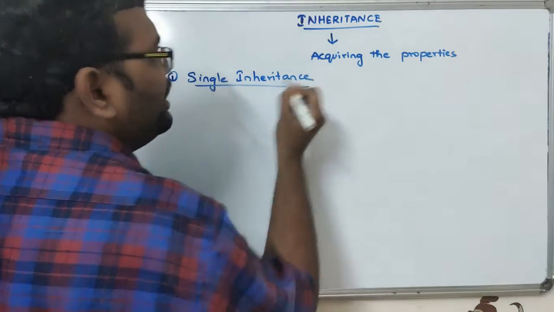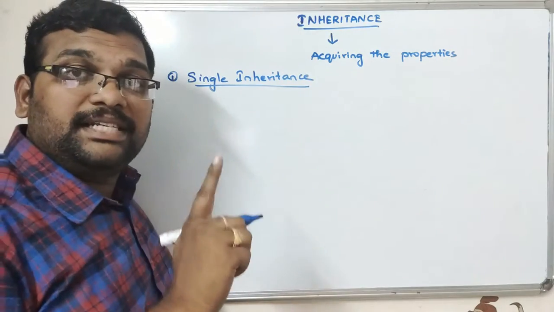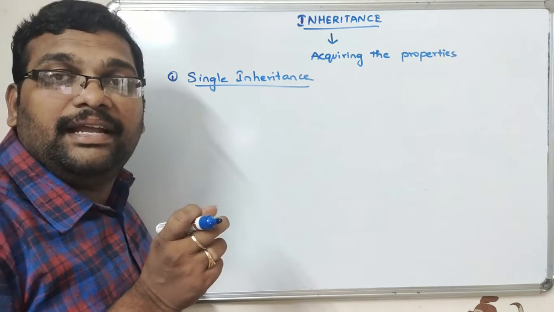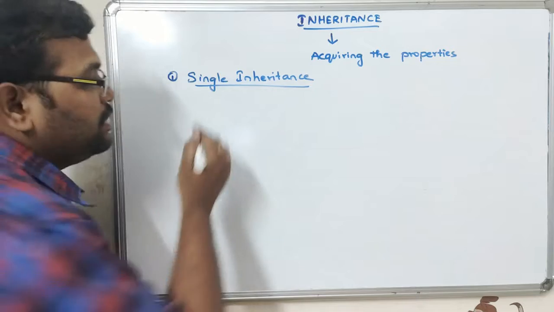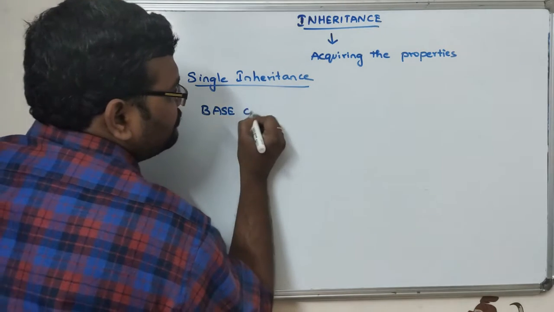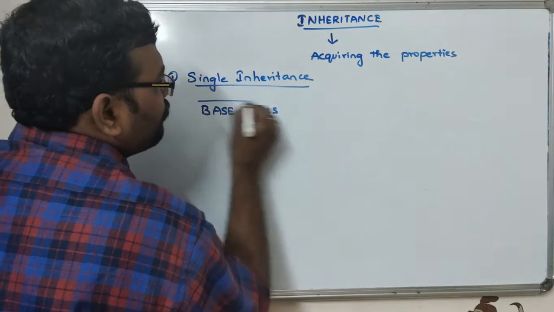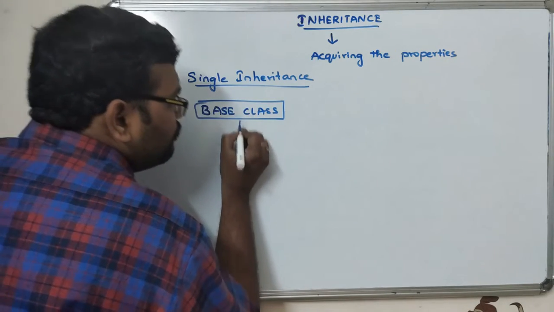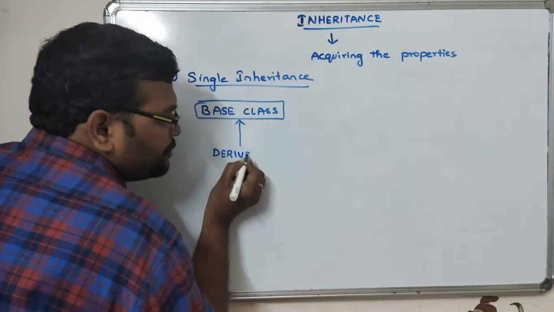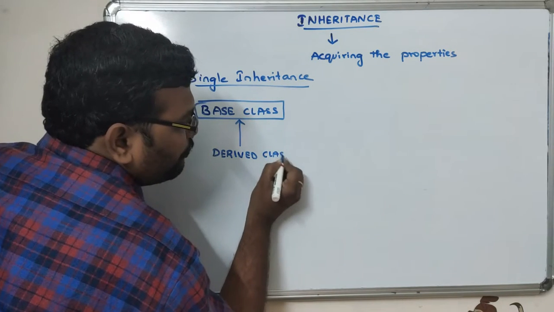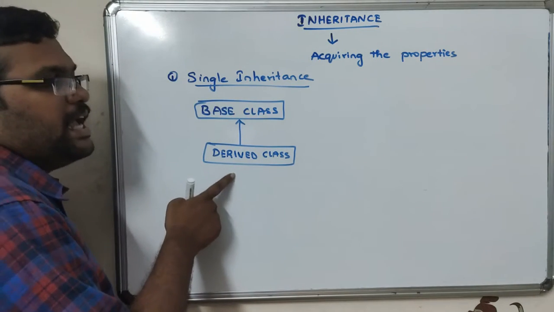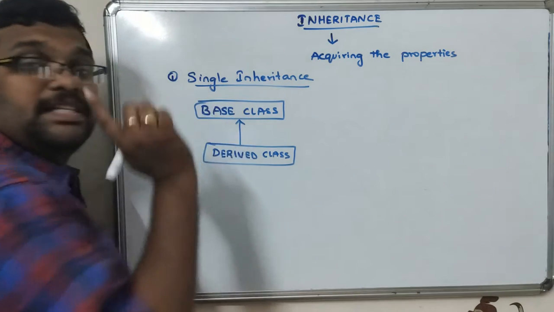What is meant by single inheritance? There will be one base class and one derived class. The derived class is inheriting the properties of the base class. That is called single inheritance. From this base class we will get the derived class, so that the object of the derived class can access the variables and methods of the derived class and base class.